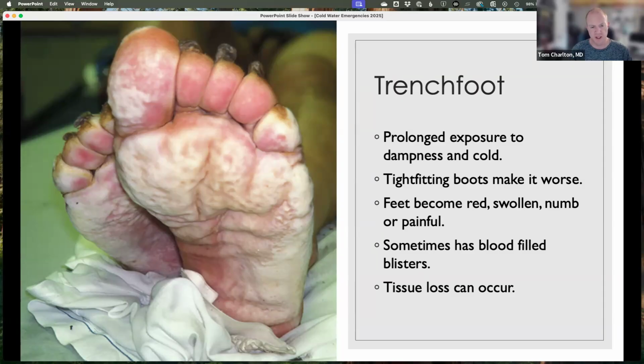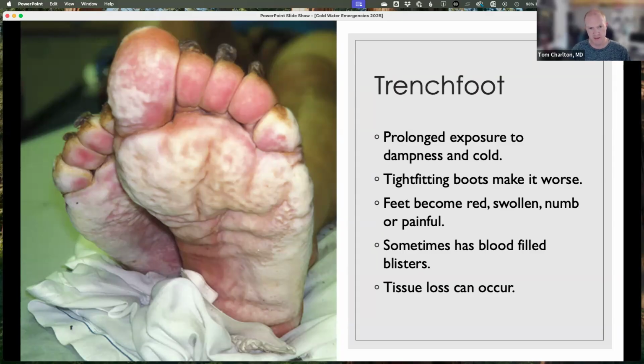Sometimes in more severe cases, they'll get blood-filled blisters that will begin to form from the skin layers essentially separating. Unfortunately, that can lead to open wounds, and those open wounds can then get secondarily infected. Obviously, when that occurs, we've now got an infection in addition to the other tissue destruction that surrounds that area.